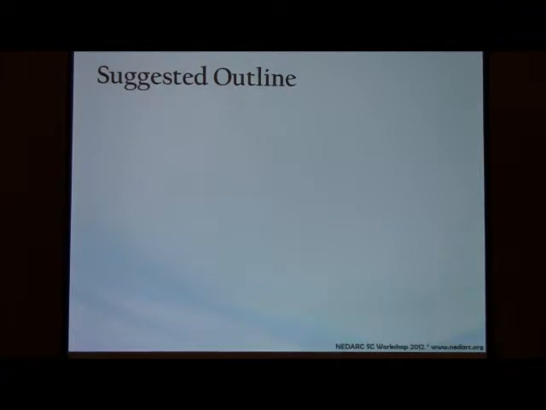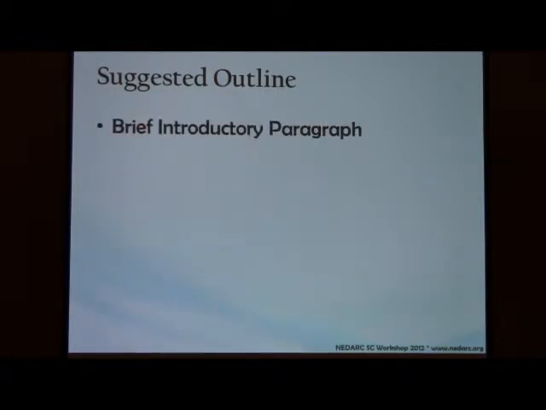What I did is I went through the review criteria and the section in the FOA that describes what the introduction is, and I made a suggested outline. You don't have to use this outline. This was just a way that I took all the information and figured out maybe how you could group it in a simple way. You could start with a really short introductory paragraph.